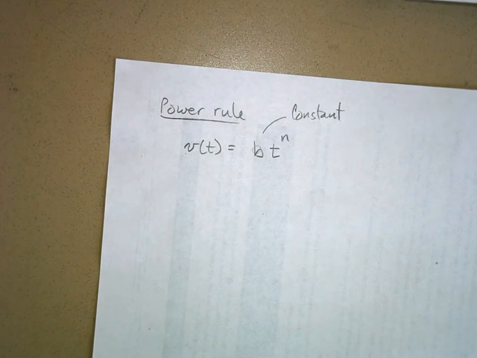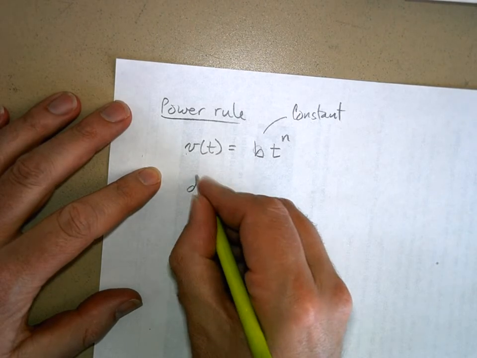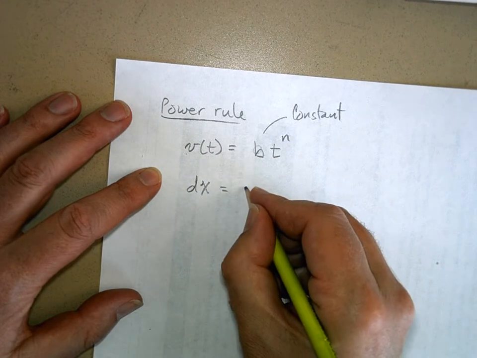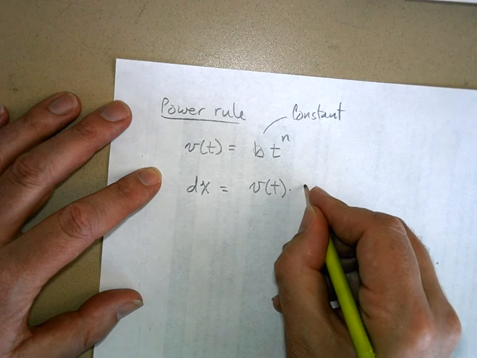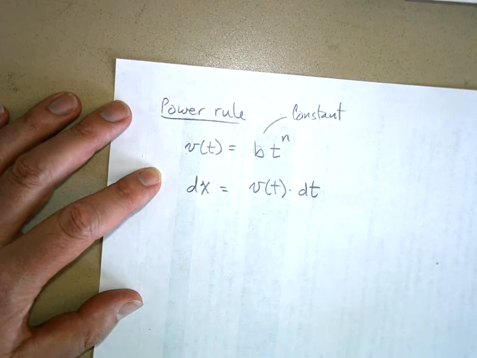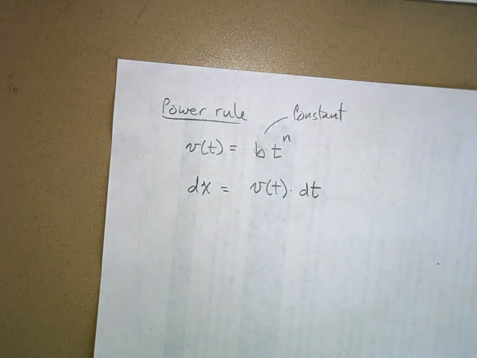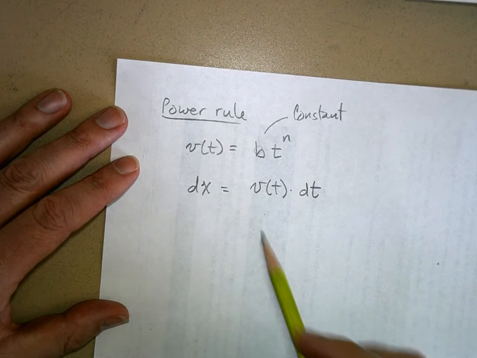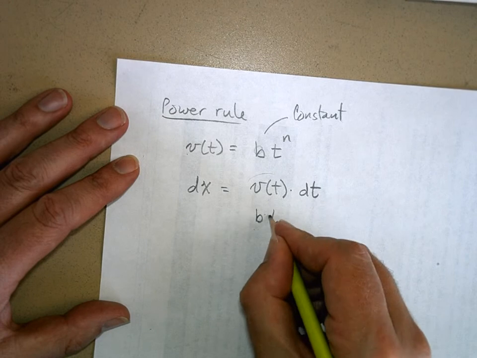Well, what are we going to do to figure out displacement here? We're going to remember that a little tiny bit of displacement is going to be equal to velocity times a little bit of time. Now let's take a look at this qualitatively, folks. What I'm doing is taking b times t to the n.